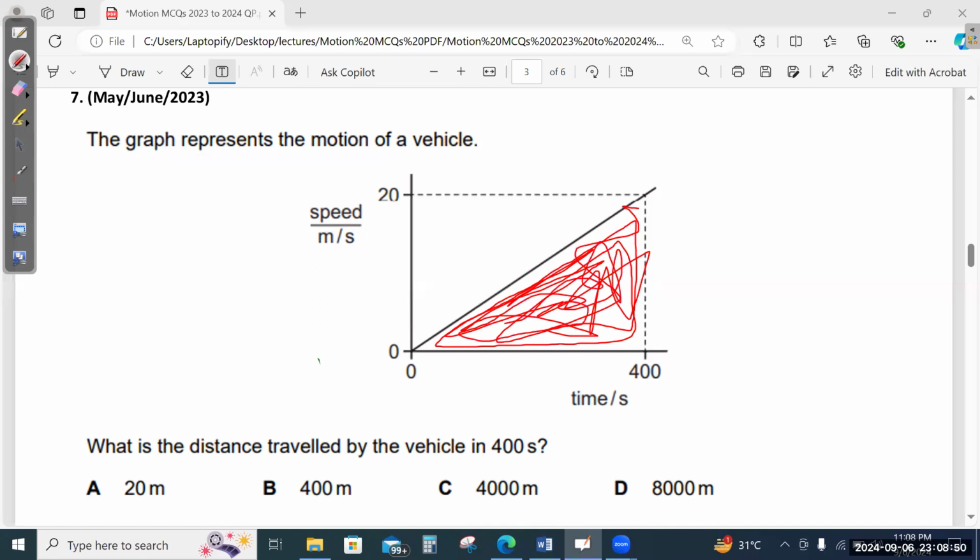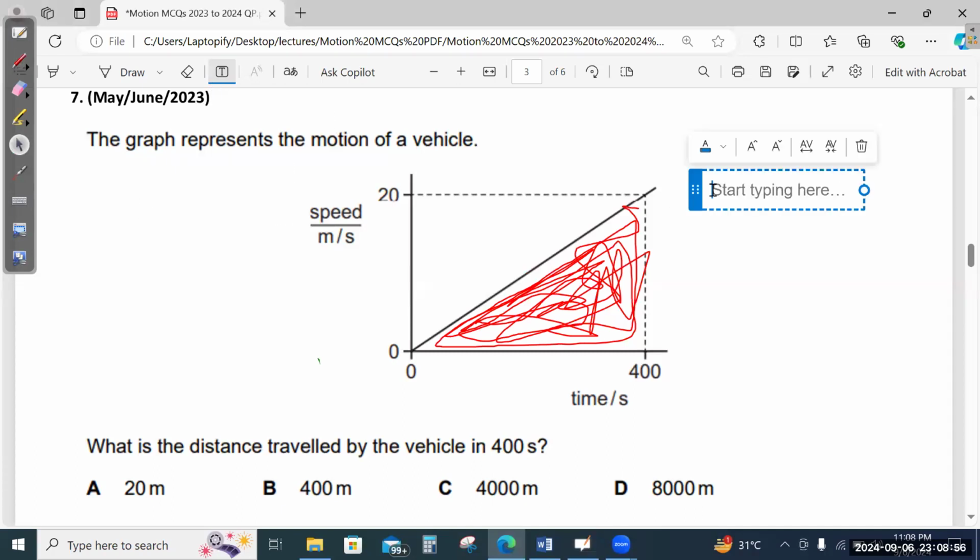So in that case, if there is a triangle, I will solve here. Area under the curve represents the distance, so I will write here S, that is the symbol of distance. 1 by 2 multiplied by length. Length is 400 and the altitude is 20.